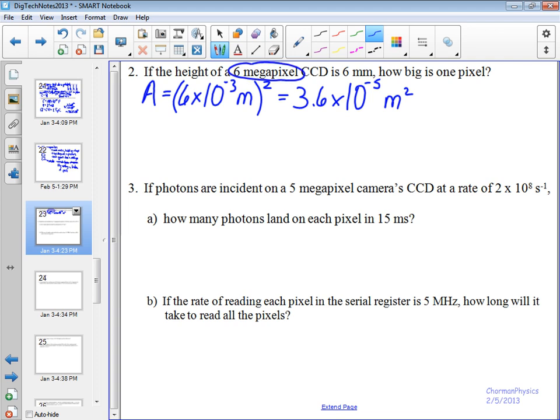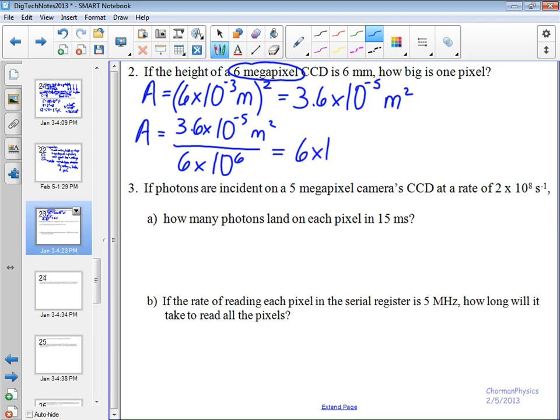So the question then is that if we take this 6 million pixels and divide it into this, we can get an idea of the area of 1 pixel. So the area of 1 pixel is 3.6 times 10 to the negative 5 meters squared divided by 6 times 10 to the 6th pixels. So each pixel is just 6 times 10 to the negative 12 meters squared.